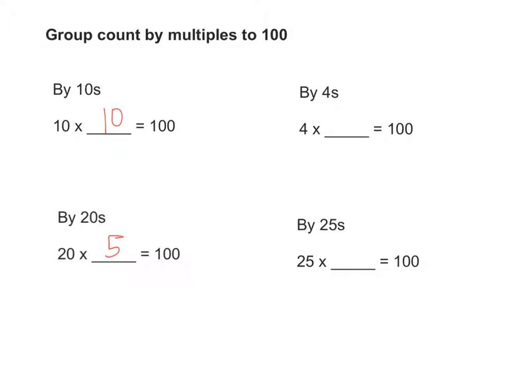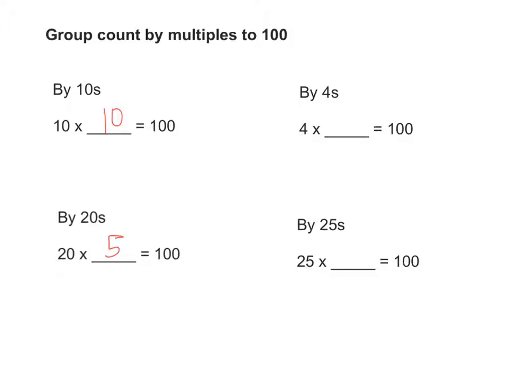Okay. Now let's skip count by 4s until we get to 100. Are you ready? Let's go. 4, 8, 12, 16, 20, 24, and so on, 60, 64, 68, 72, 76, 80, 84, 88, thank you, 92, 96, 100.